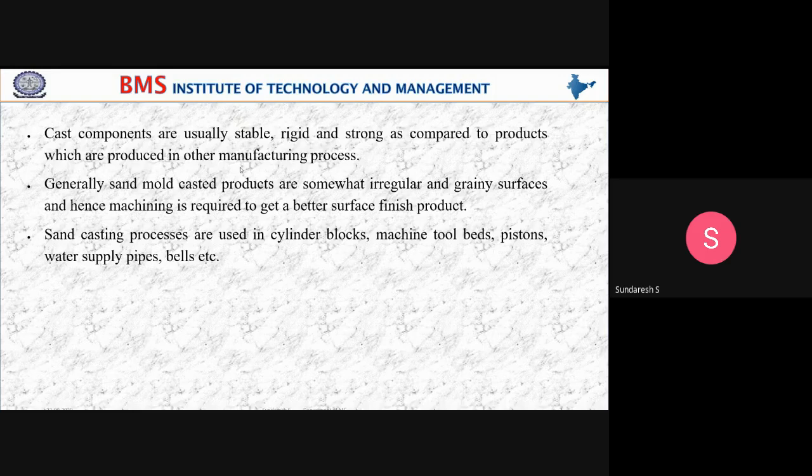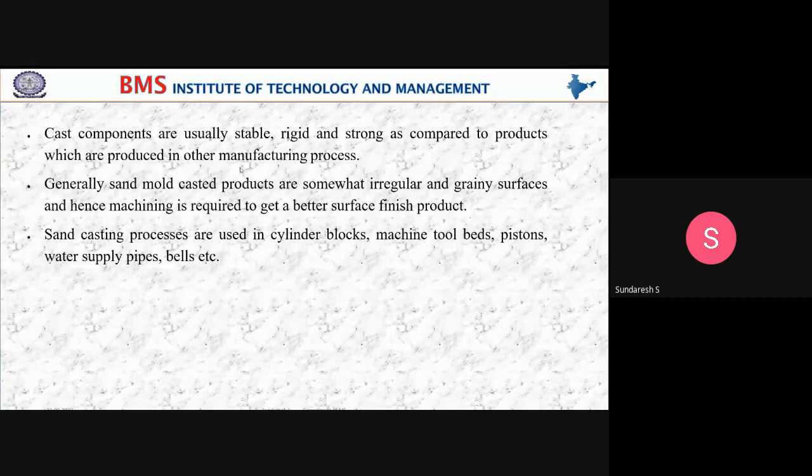Generally, sand molded products have somewhat irregular and grainy surfaces, and hence machining is required to get a better surface finish. One of the major disadvantages of this casting is the poor surface finish. Once you get a sand casting, the surfaces are irregular and not finished.